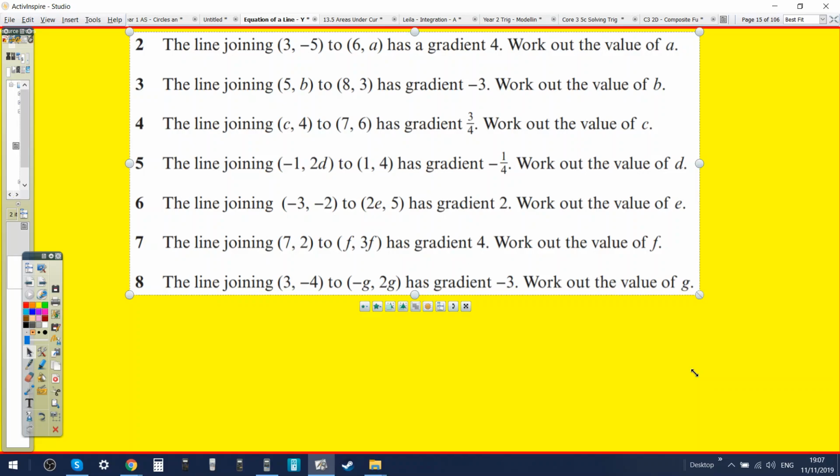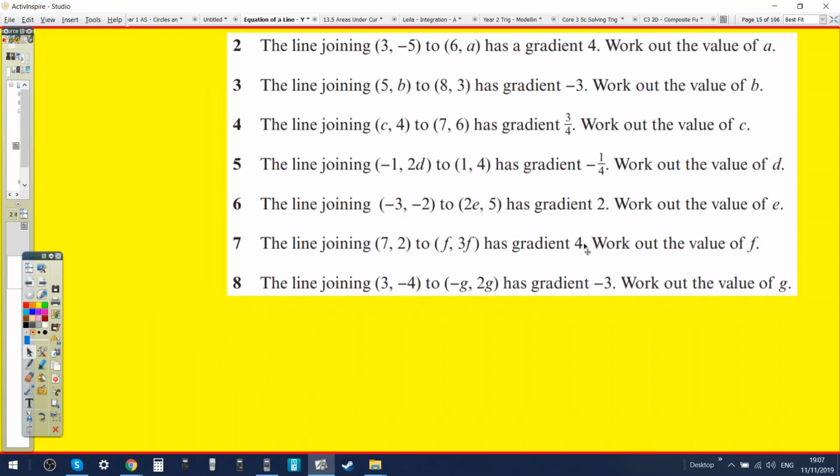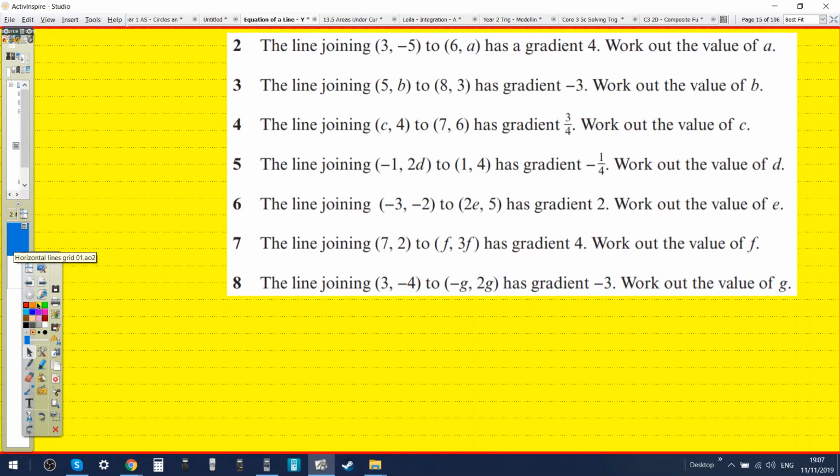How would you do question 6? Is it just the same, or do I have to sub into the fraction and then make it equal to 2? Yeah, and I picked that because it's tricky to do.